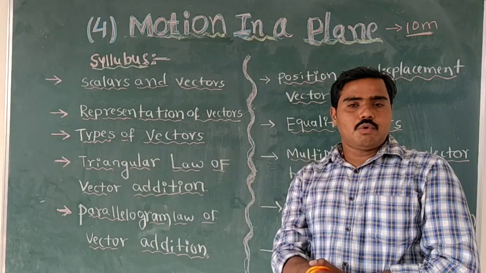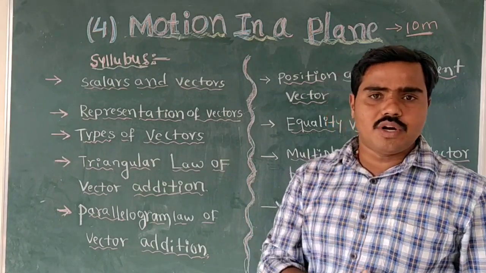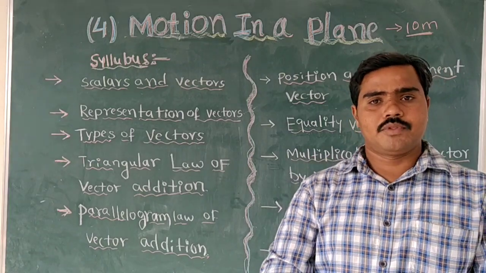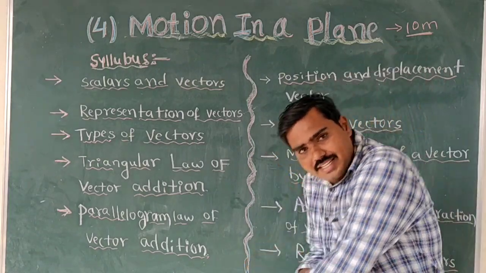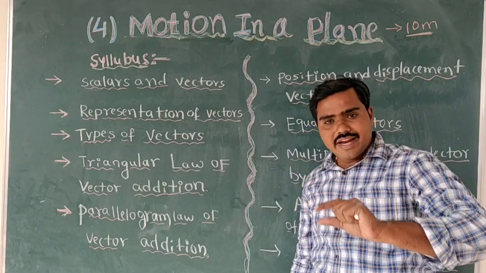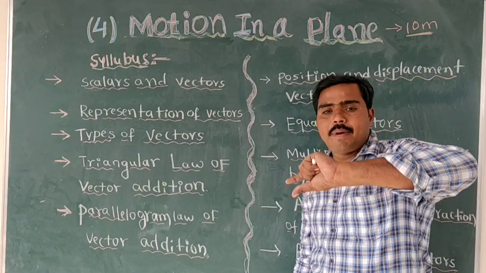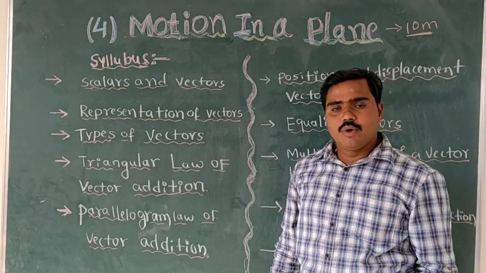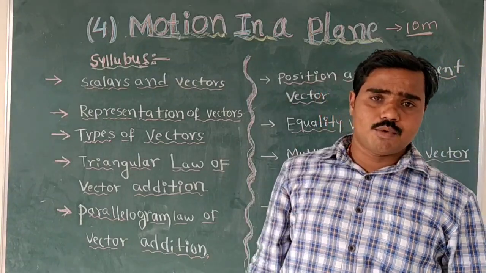Here, out of three coordinates, we consider two coordinates, that is x and y. Or when you hit a 6, that cricket ball moves in a parabolic path. That is an example for two-dimensional motion.